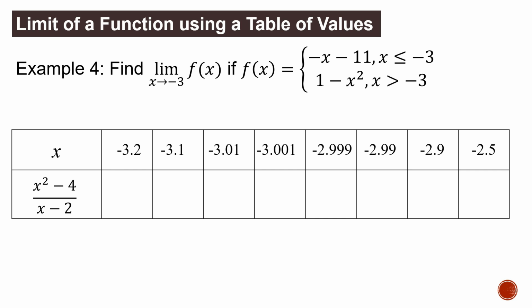Imagine that negative 3 is in the middle, and pick numbers from the left and from the right side of that. Negative 3.2, negative 3.1, these are the numbers that I used. And from the right side, from negative 2.5 to negative 2.99. Let's see the result. Here you go. Negative 7.8 to negative 7.999. And I think it's getting closer and closer to negative 8, right?